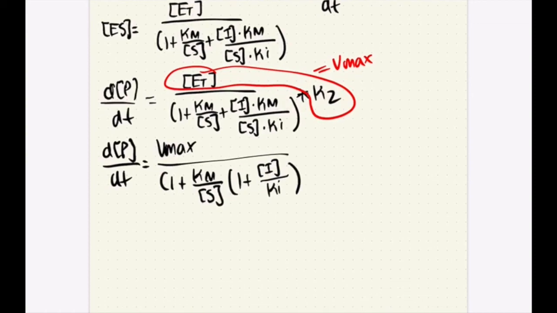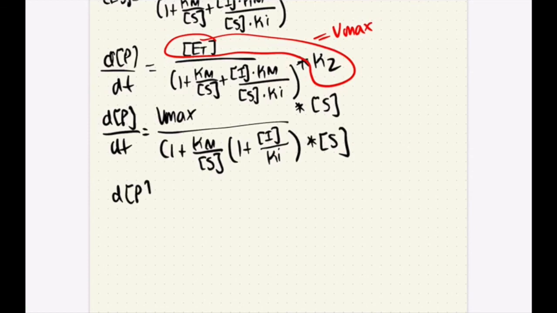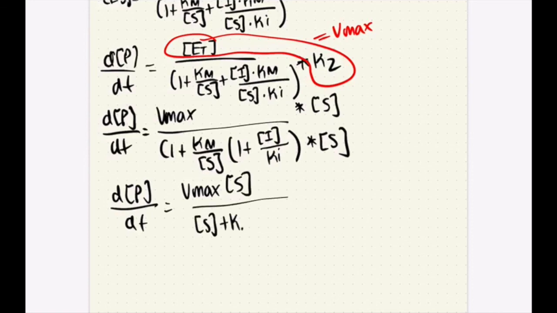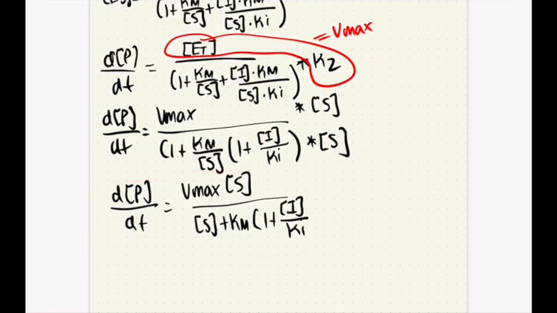And then what we can do is multiply both the numerator and the denominator by the substrate concentration. So this is going to make our equation equal to the Vmax multiplied by the substrate concentration over the substrate concentration plus the Michaelis constant times 1 plus the inhibitor concentration over the inhibition constant. And this right here is going to be the final derived version in the simplest terms.